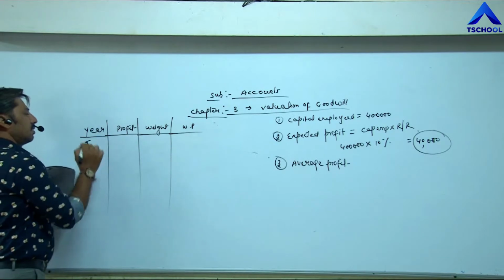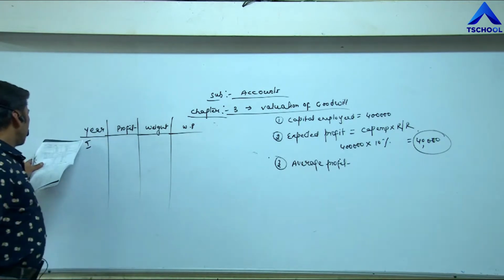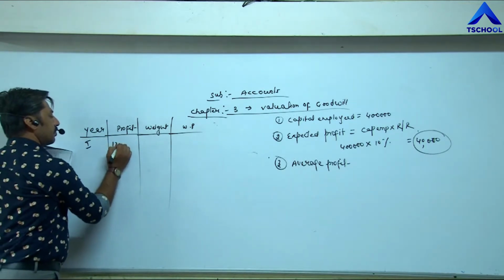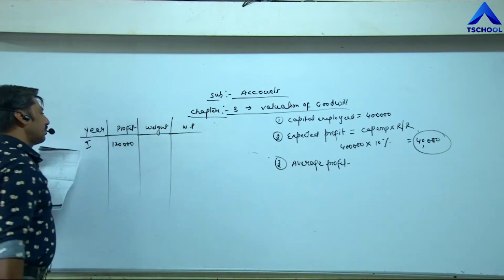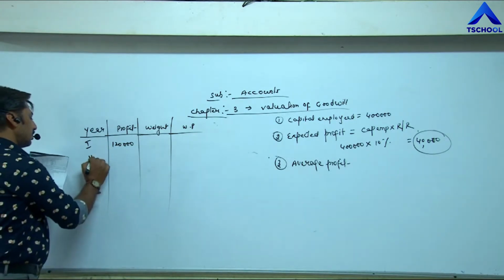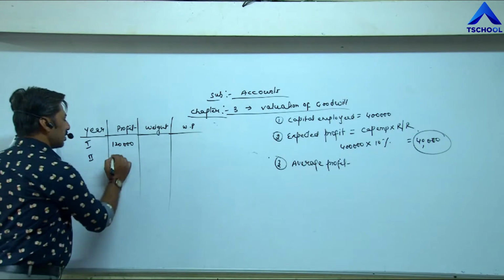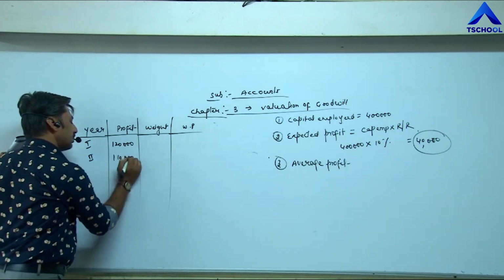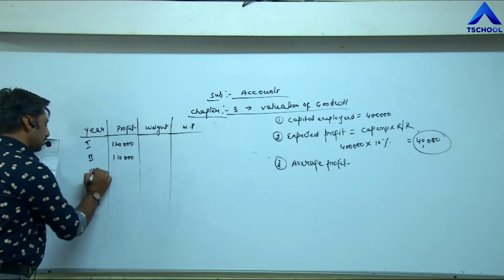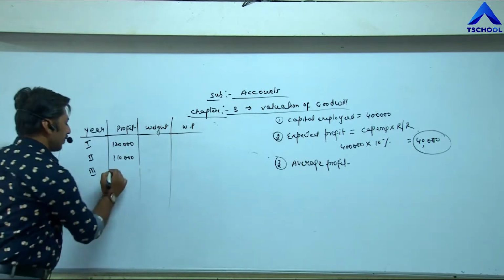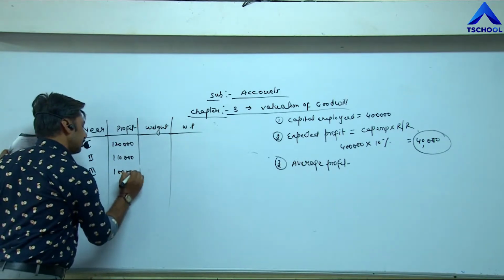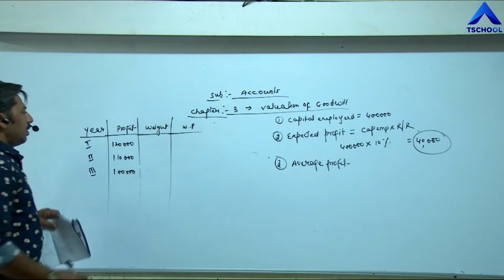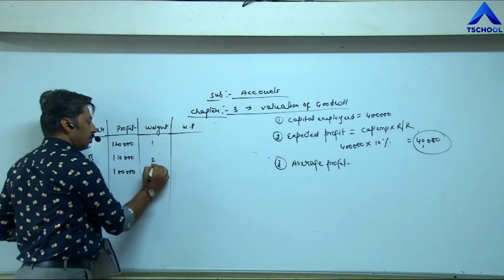First year profit is given 1,20,000. Second year profit is given 1,10,000. And third, last year profit is given 1 lakh rupees. Weight 1, 2, 3.